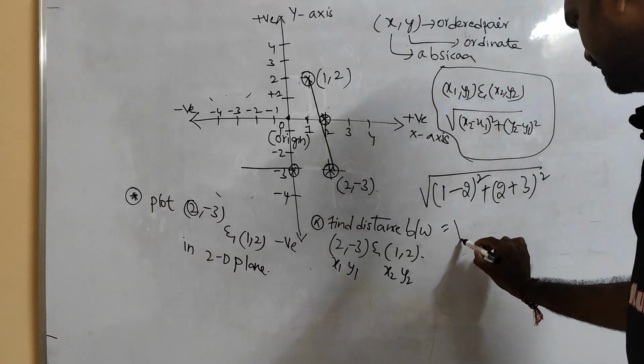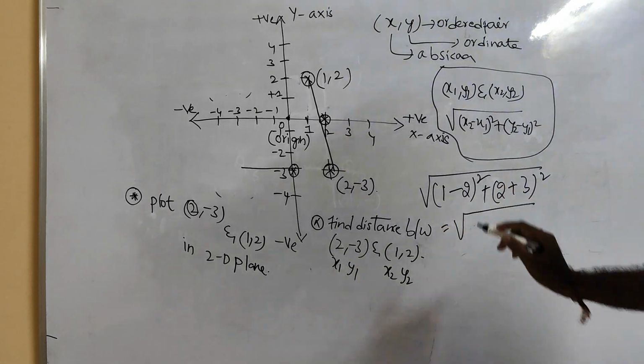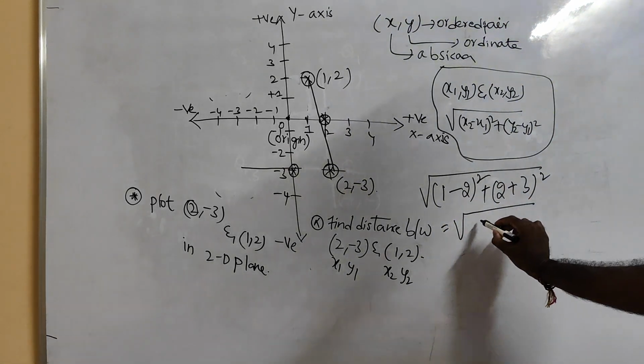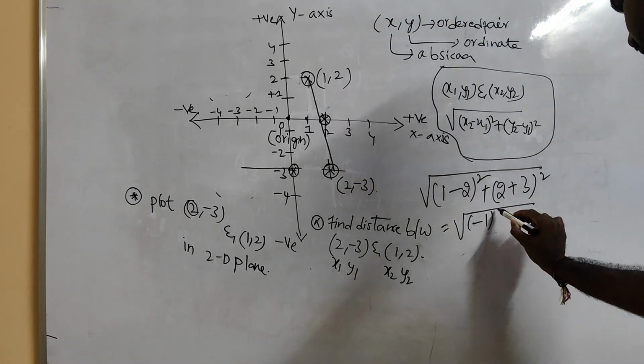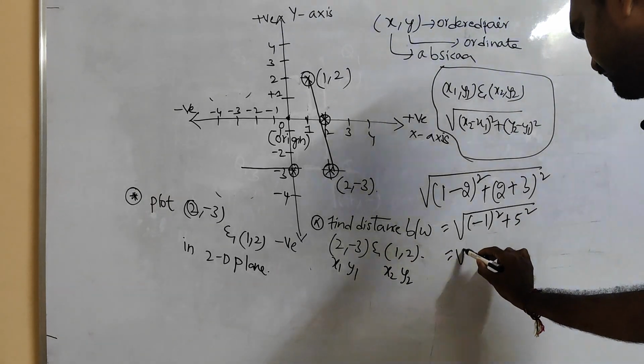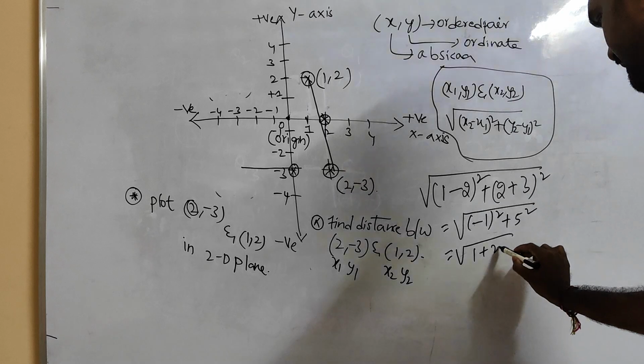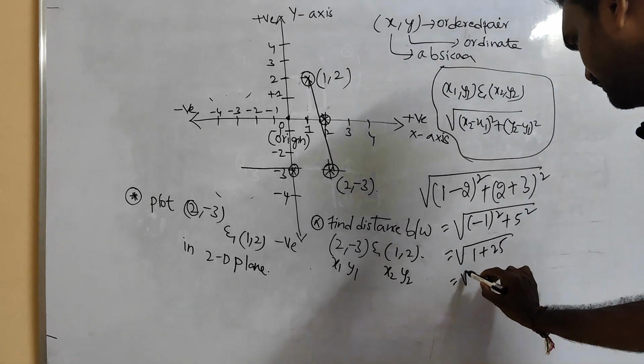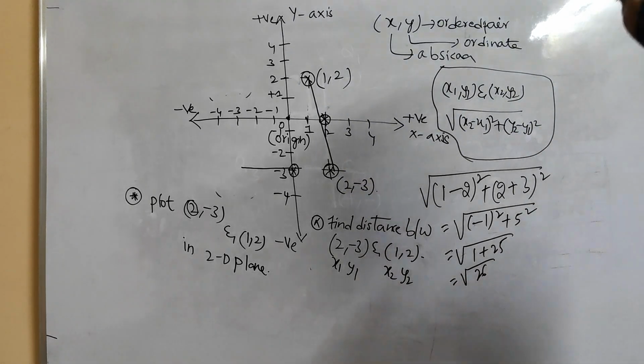So that will be equal to square root of (1 minus 2 is how much? Minus 1) whole square plus 5 square. Minus 1 whole square is 1. 1 plus 25, that is equal to square root of 26.